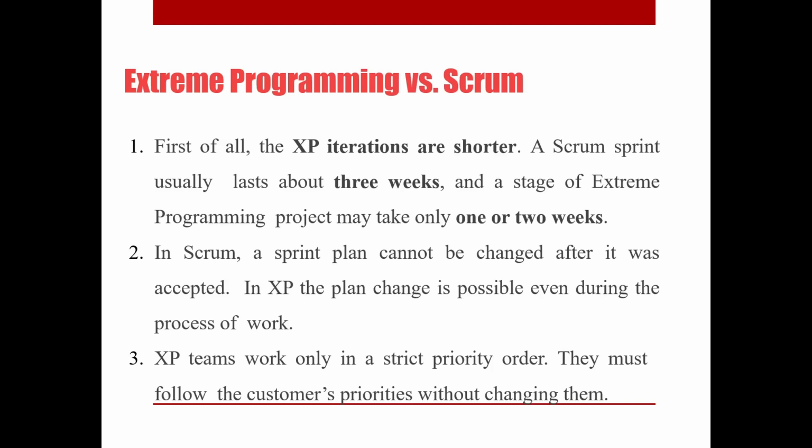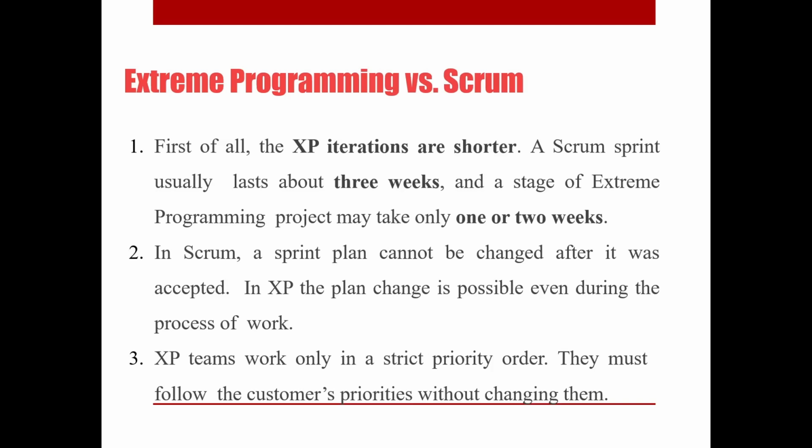Scrum emphasizes self-organization. However, extreme programming emphasizes strong engineering practices. In Scrum, a sprint plan cannot be changed after it is accepted. However, in extreme programming, the plans can change even during the process of work.